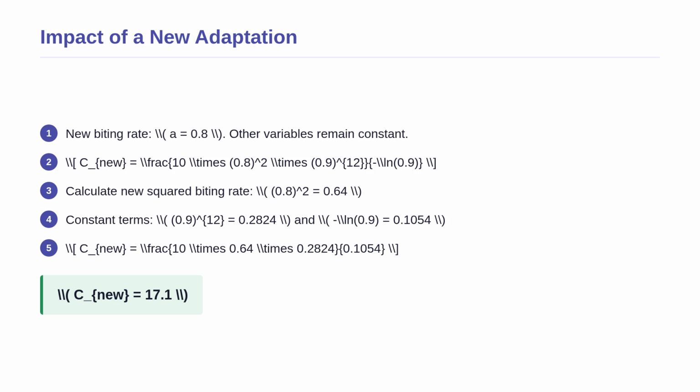Notice that while the biting rate only increased by 60%, the squared value has more than doubled compared to our previous example. We keep the survival probability at 0.2824 and the denominator at 0.1054. Completing the calculation gives a final answer of 17.1. This proves mathematically that a single behavioral adaptation can cause an outbreak to spiral completely out of control.